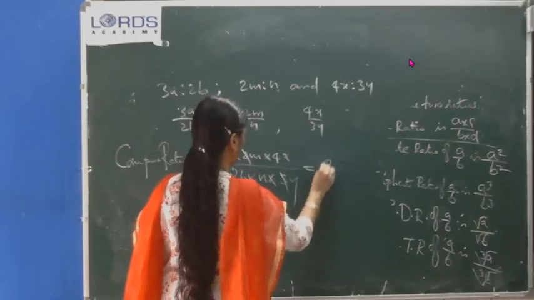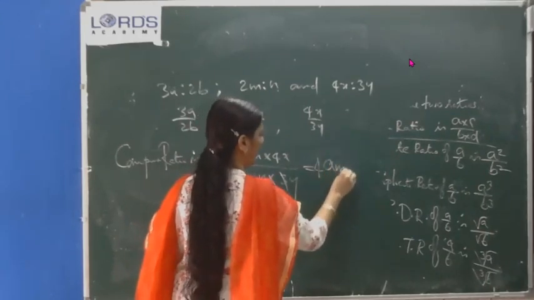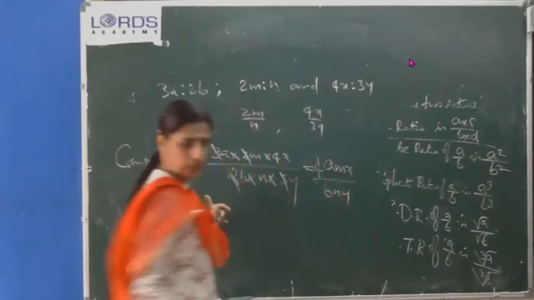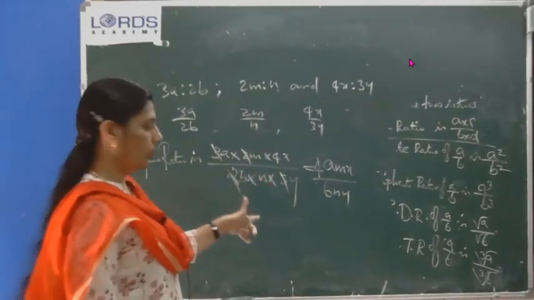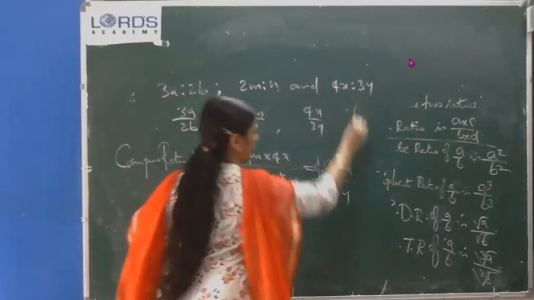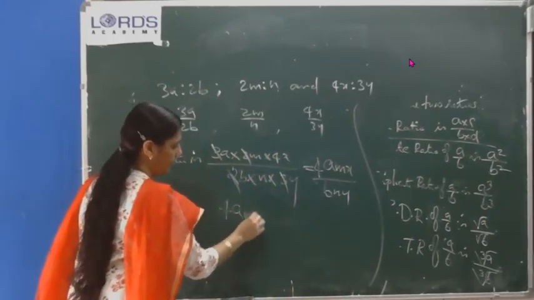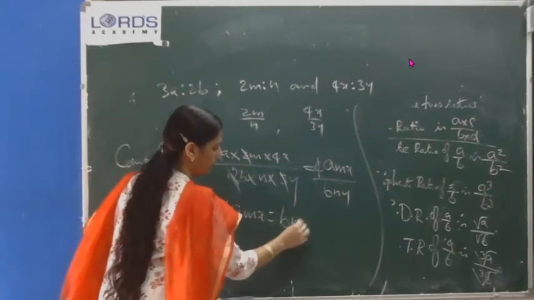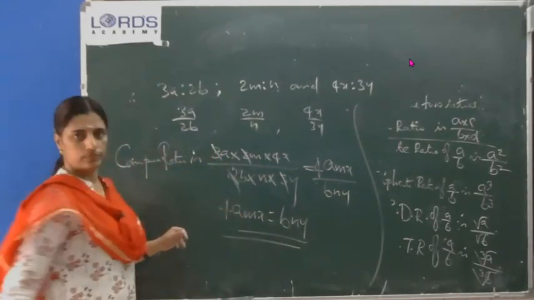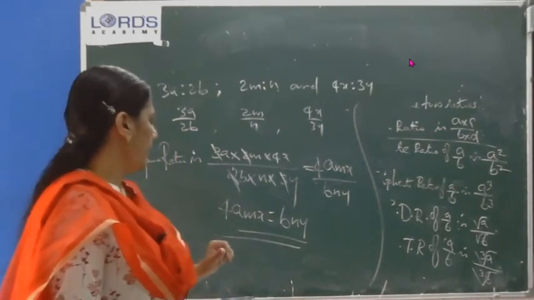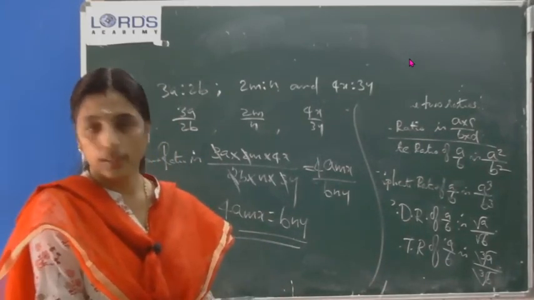So the answer is 4AMX divided by BNY. But don't write in this form. You have to write, therefore the ratio is 4AMX is to BNY. Clear? Don't write in fraction form, write in ratio form.